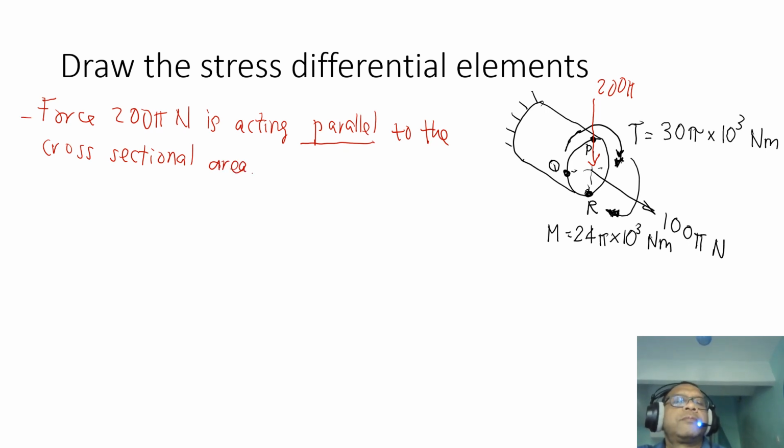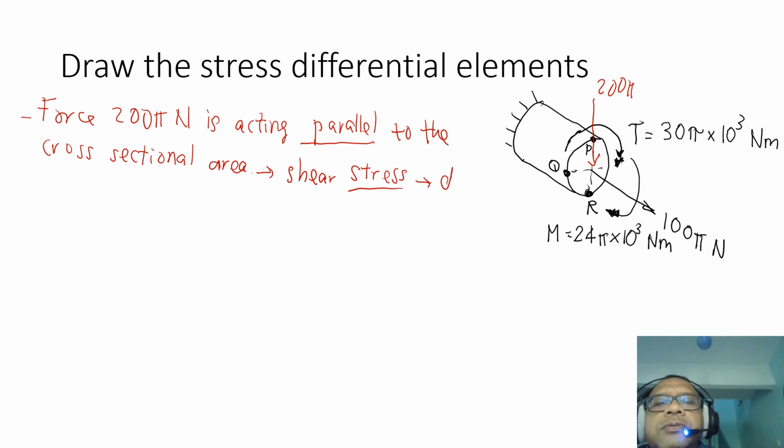So that force will create a shear stress. And this shear stress is distributed. It is not a typical shear stress, so it's a shear stress distributed in a beam. So it's distributed in the shaft. So what is the distribution? How is it distributed?